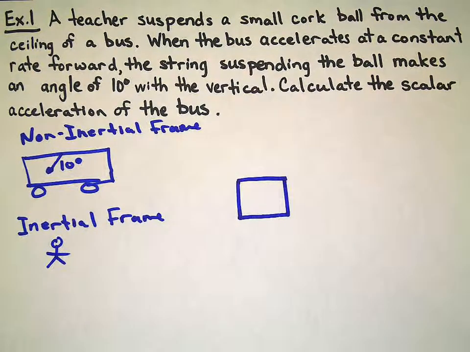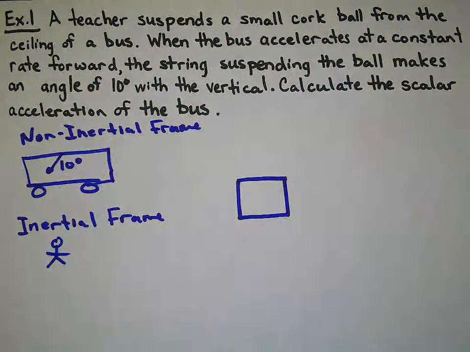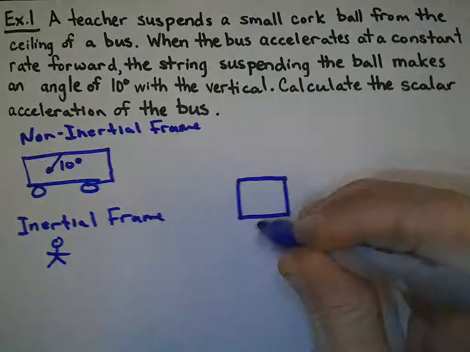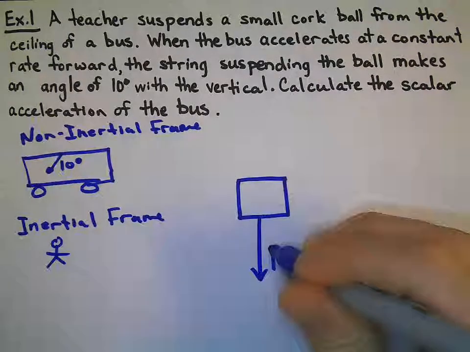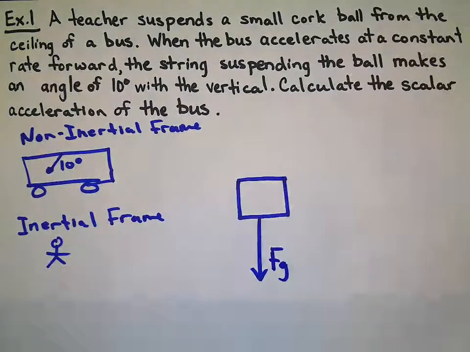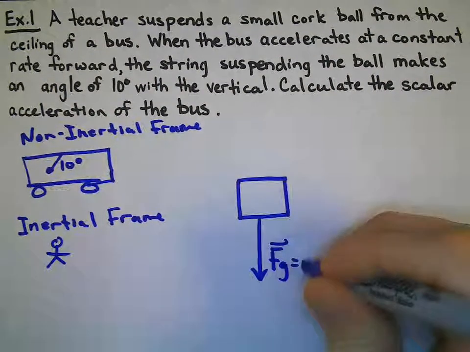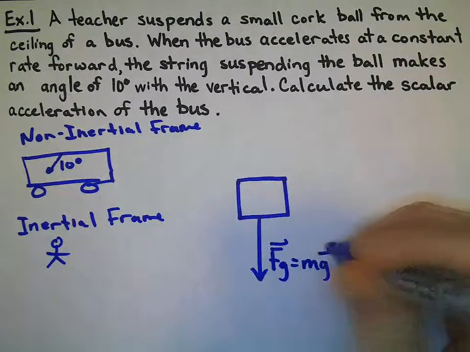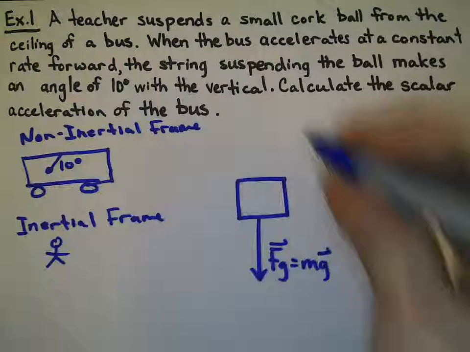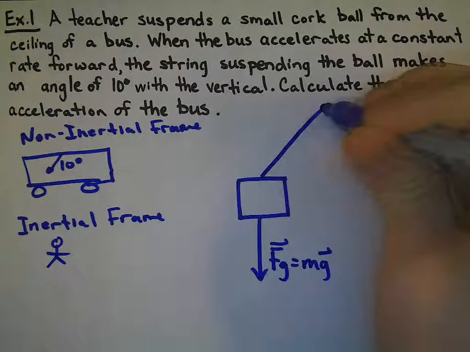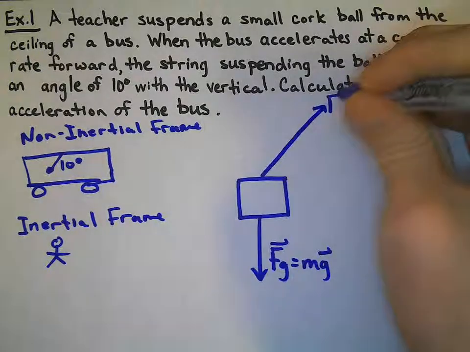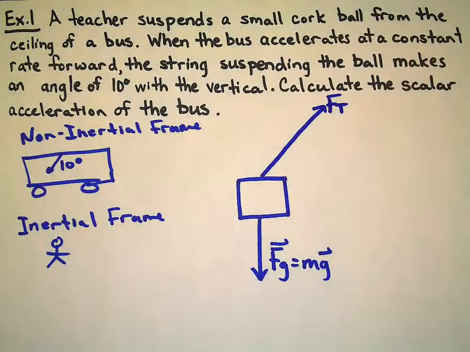So here I have my bus, a force of gravity that is acting in the downwards direction. And we always know that the force of gravity is mg. And we would have the tensional force acting to the right. And we have an angle with the vertical of 10 degrees.